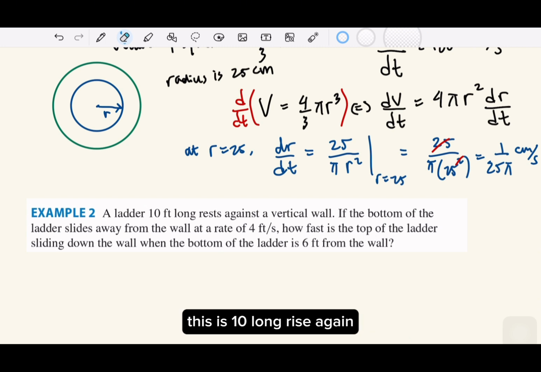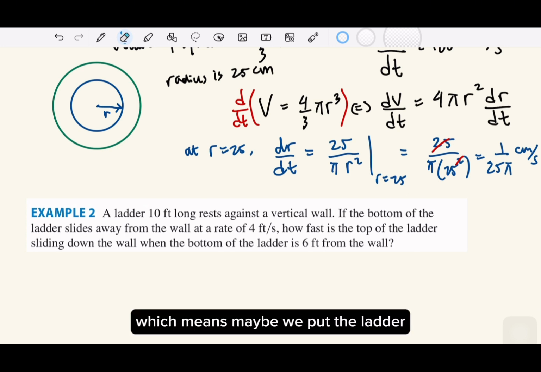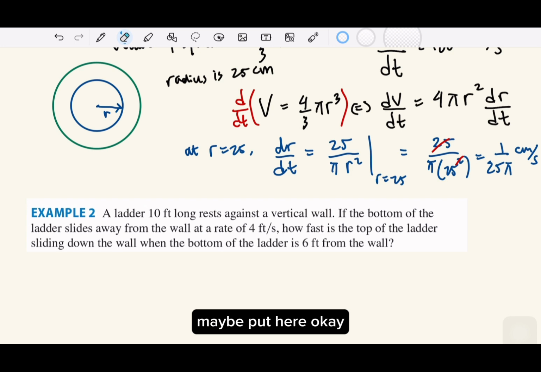So this is 10 feet long. It rests against a vertical wall, which means maybe we put the ladder here, and then it slides away from the wall. The bottom of the ladder, which means let's just draw. Let's say this is the wall.